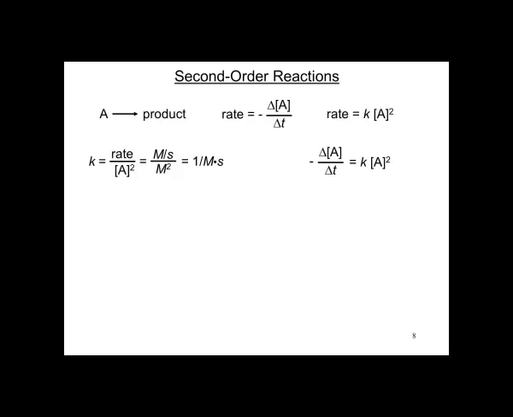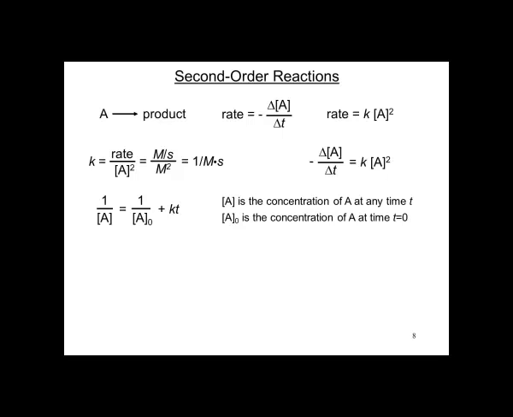If we take the expression minus the change in the concentration of A divided by the change in time, that equals k times A squared. If we integrate this equation, we get the following. It's 1 over the concentration of A equals 1 over the initial concentration of A plus kt.